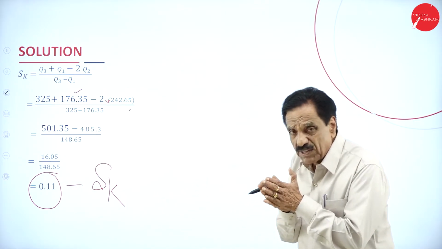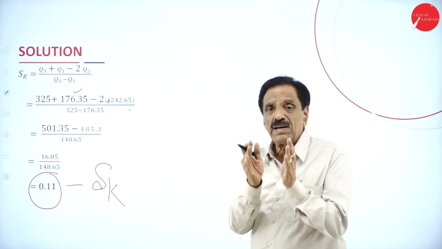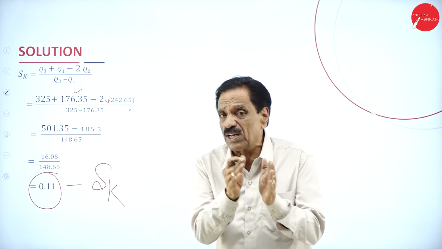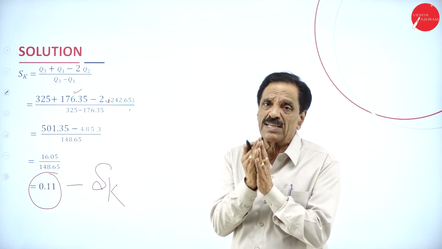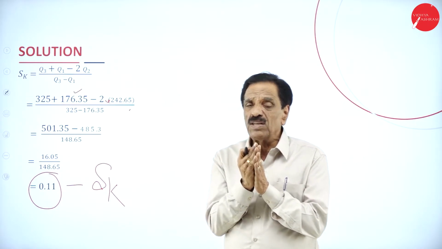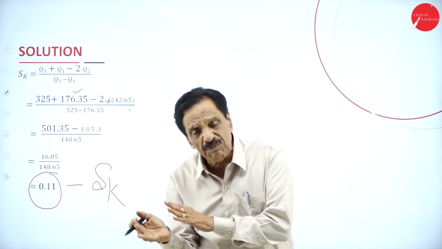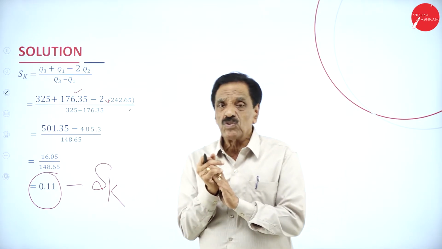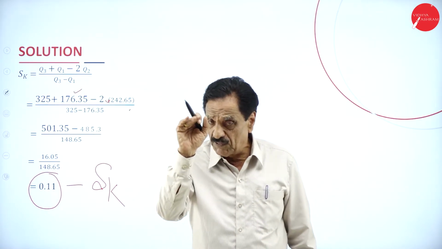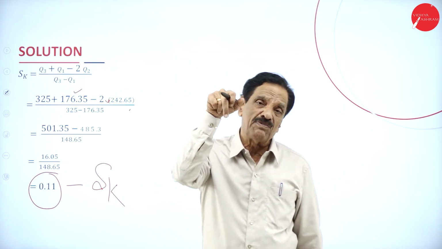Apply the summation, your answer should be less than 1. What is Q1? First is size of n by 4. Find n by 4 in CF, then apply the formula. Q1 is equal to L1 plus n by 4 minus CF over F into C.